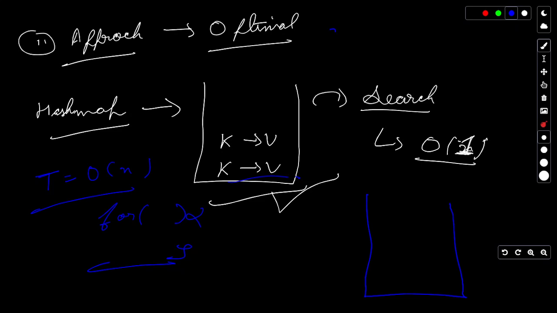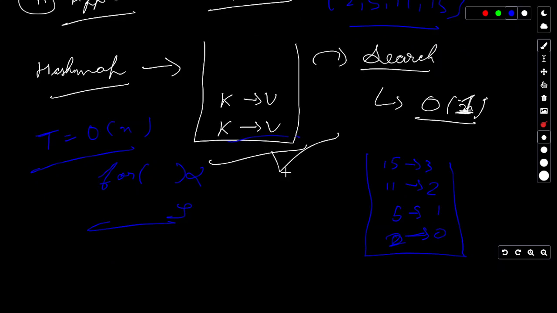Maybe say we have an array of 2, 5, 11, 15, whatever. We can store these elements according to their indices. Like 2 is at the 0th index, 5 is at the first index, 11 is at the second index, 15 is at the third index.